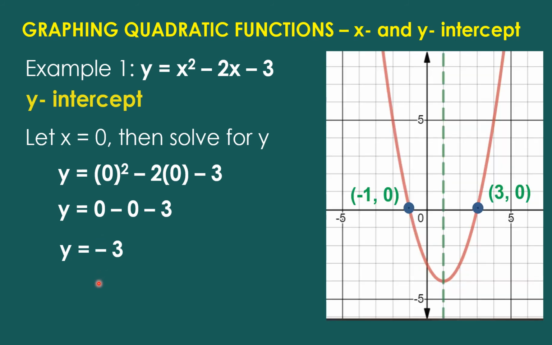So, given the graph, this y-intercept is the point on the parabola that crosses the y-axis where x equals 0, and that is at 0, negative 3. That means the y-intercept is at negative 3.